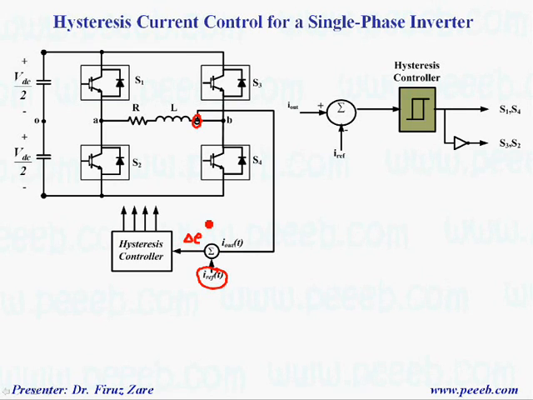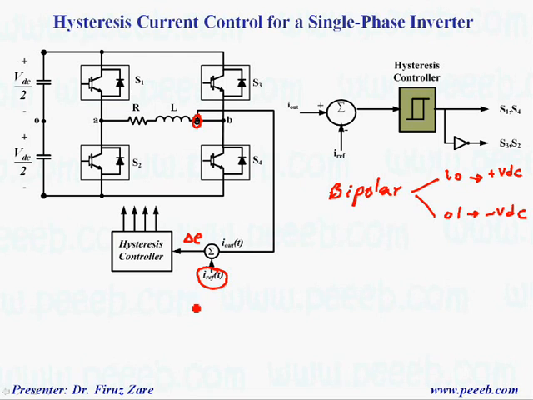If the error is positive or negative, that means the output voltage should be positive or negative. So in this case we use bipolar modulation, because in bipolar we have two switching states, either 1 0 or 0 1, which gives plus VDC or minus VDC.